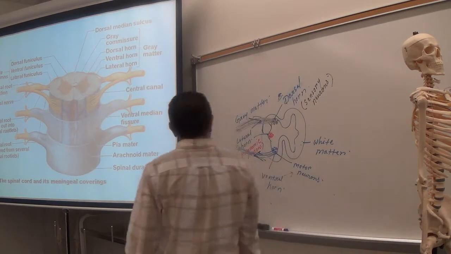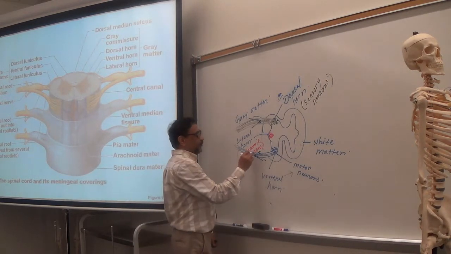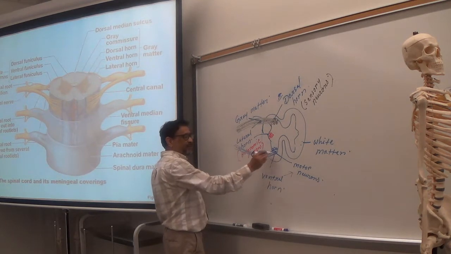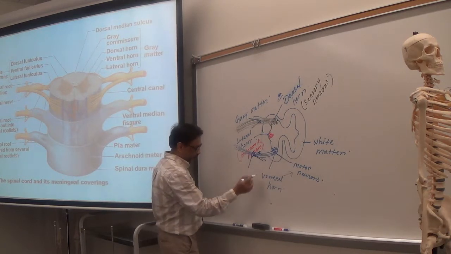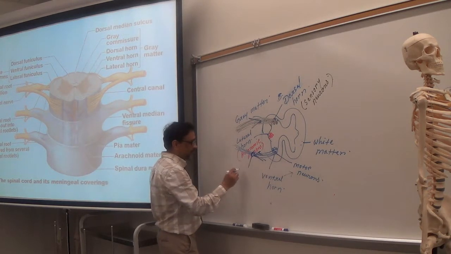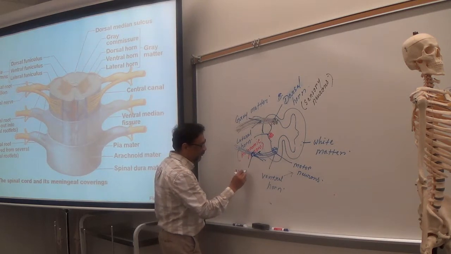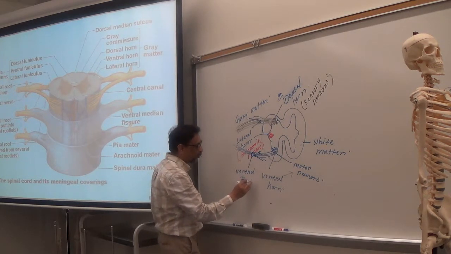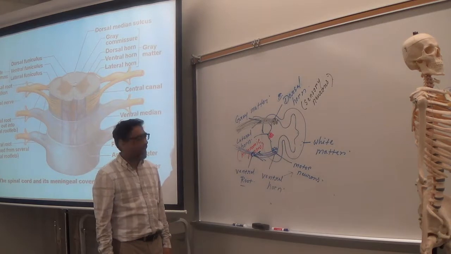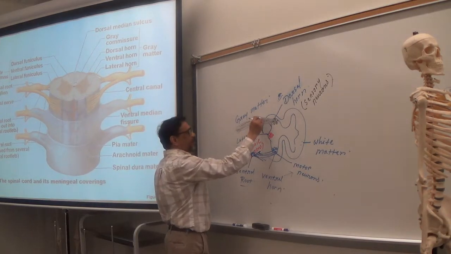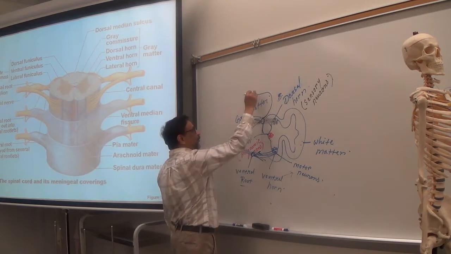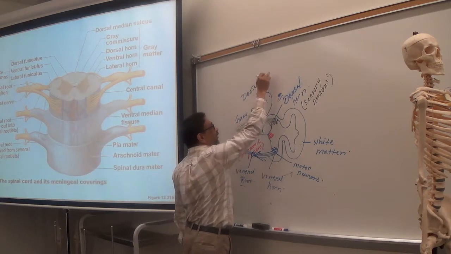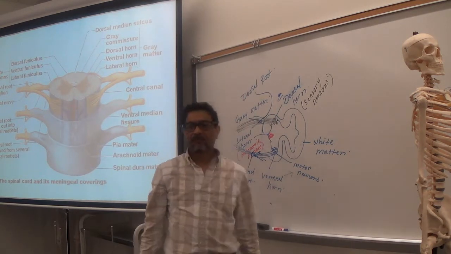So now, this bundle of motor fibers is called the ventral root. So a root is a bundle of fibers. And this bundle of sensory fibers is called the dorsal root. Easy. Dorsal root. Okay.